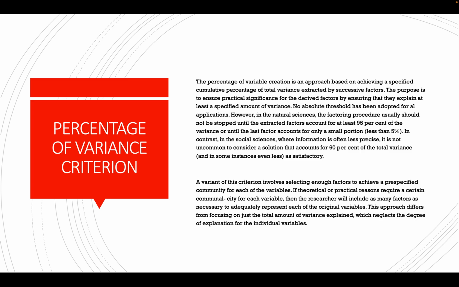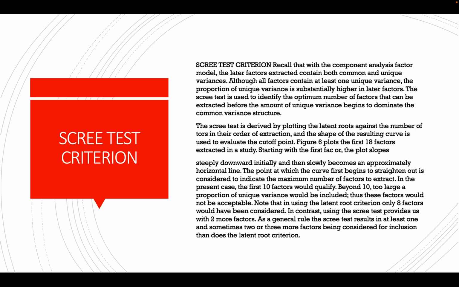If theoretical or practical reasons require a certain communality for each variable, then the researcher will include as many factors as necessary to adequately represent each of the original variables. This approach differs from focusing on just the total amount of variance explained, which neglects the degree of explanation for the individual variables. Let's talk about the scree test criterion.